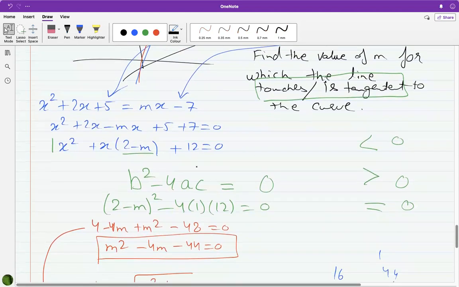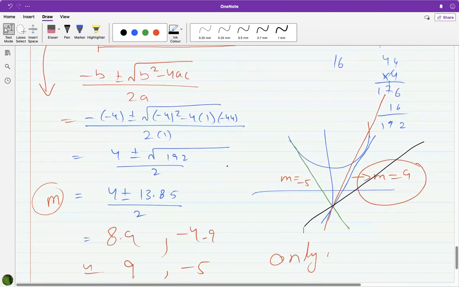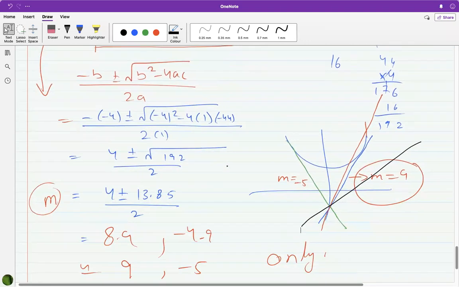The question stated that it is a tangent, it touches. That is why we used b square minus 4ac equal to 0. But definitely the values would have been the same, only the equality sign would change to more than or less than. So the expression also explains this, and the diagram explains this. Less than would mean the line is at a lower level, less steep, and it will not touch the curve.